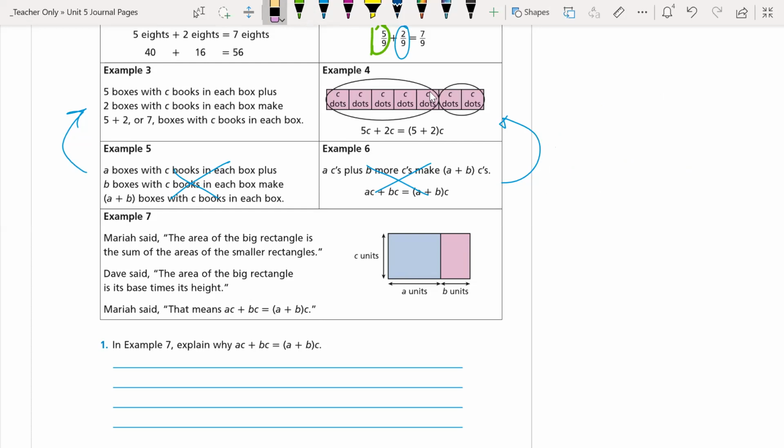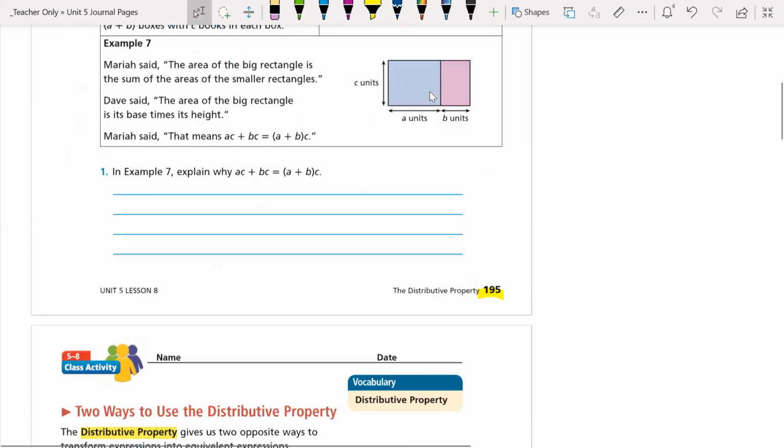So as Mariah said, the area of the big rectangle is the sum of the areas of the smaller rectangles. Dave said the area of the big rectangle is its base times height. Mariah said that means AC plus BC is equal to A plus B times C. And in class, we worked that out and we saw that that was actually true.